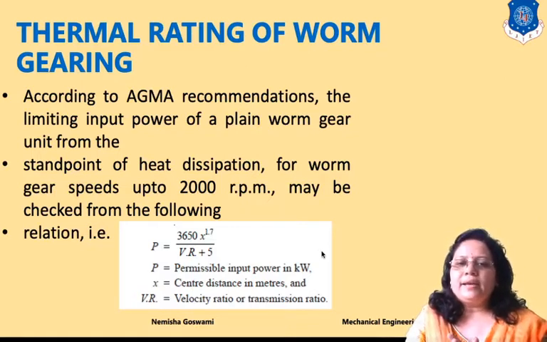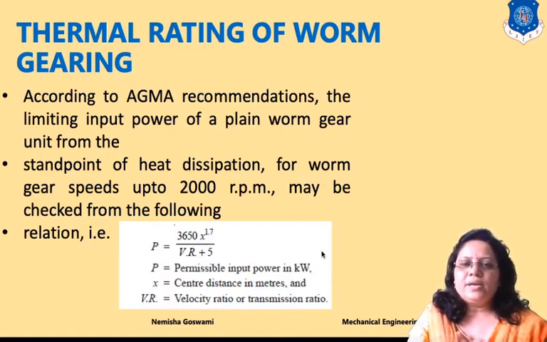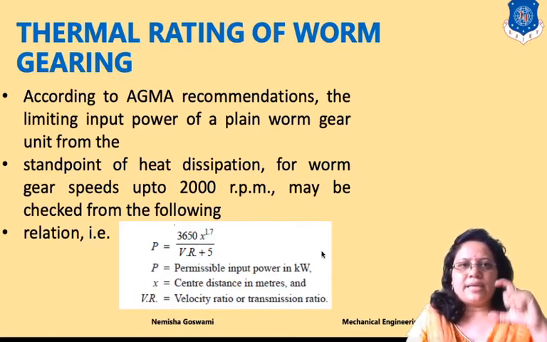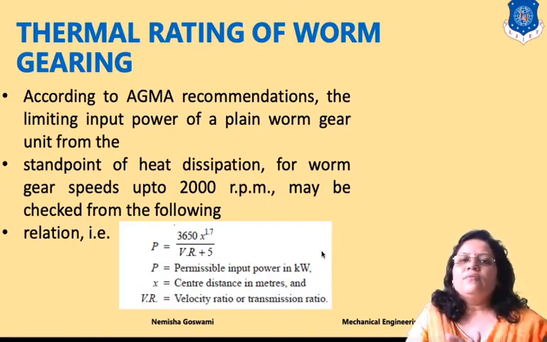Power is equal to 3650 multiplied by x to the power 1.7 divided by (velocity ratio plus 5), where x is the center distance in meters, P is the power in kilowatts and VR is the velocity ratio.